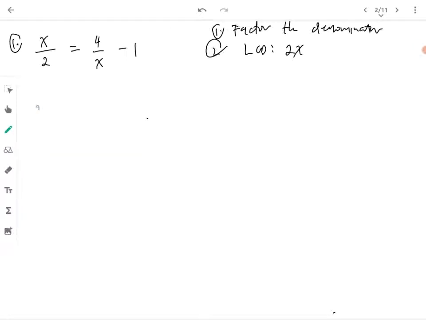So we have 2x times the first term, equals 2x times 4 over x, minus another 2x times 1. We are multiplying each term by the LCD because we want to remove the denominators.